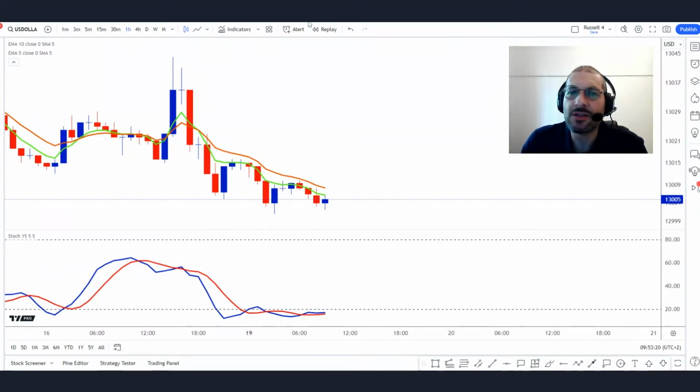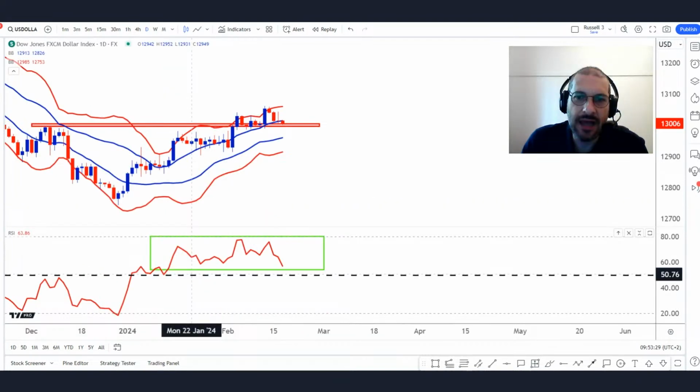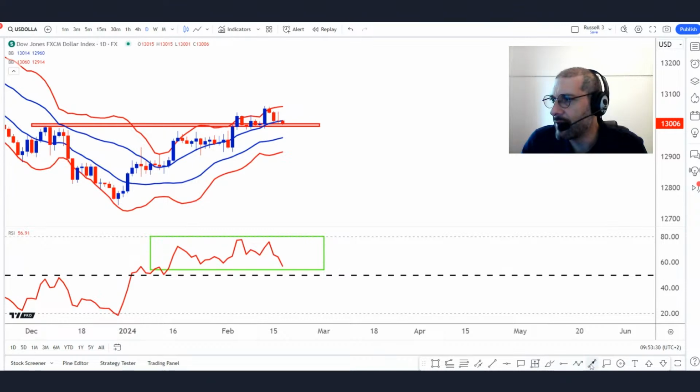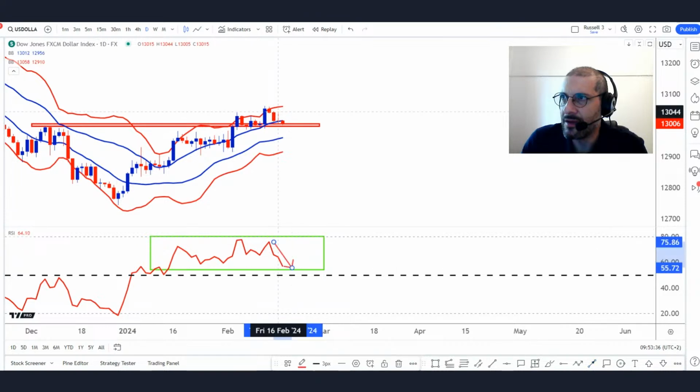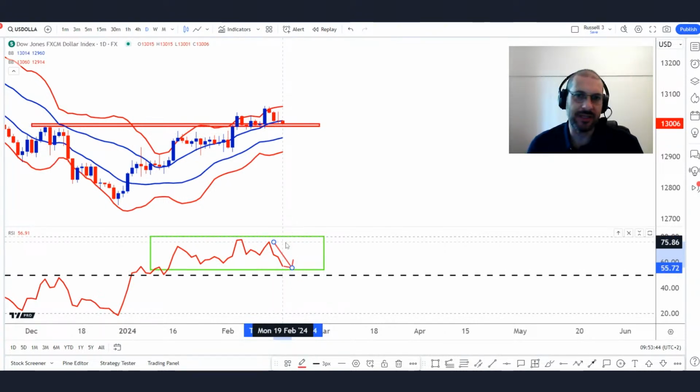Let's go back. That was on the daily. Okay, so Anna's just saying it's pointing down. Sure, it's pointing down. That's not surprising. Pointing down because the last 3 days have dipped, right? They've dipped towards that support area, but it's still above 50.